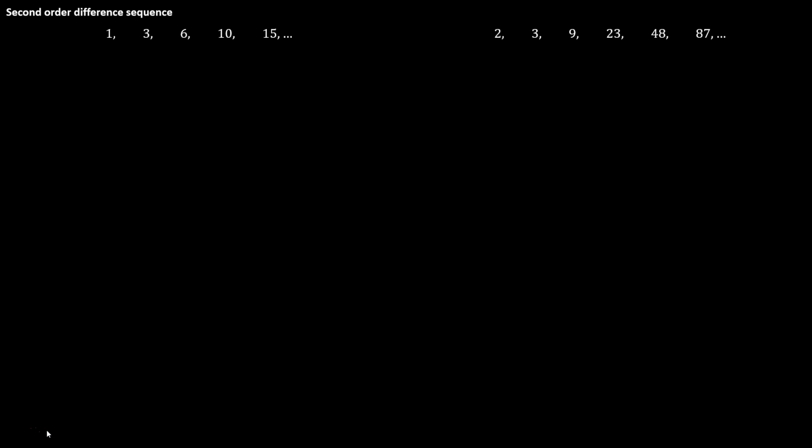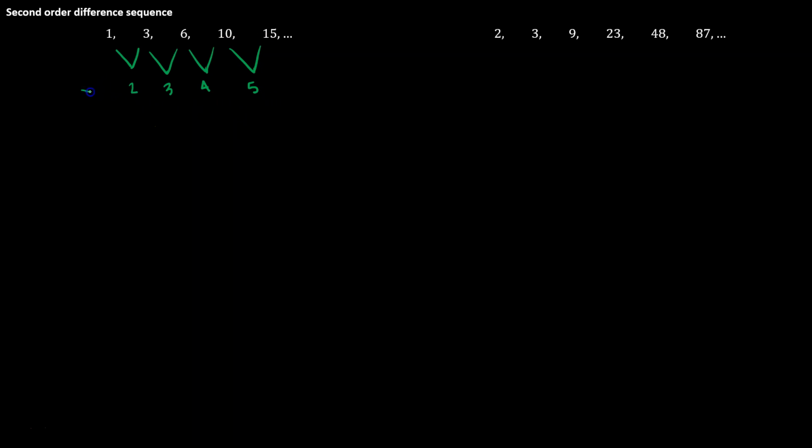So we have to come up with something else to see if we find a pattern. The difference technique says to calculate the common difference between any two consecutive terms. So we'll do 3 minus 1 to find 2, 6 minus 3 to find 3, 10 minus 6 to find 4, and 15 minus 10 to find 5.